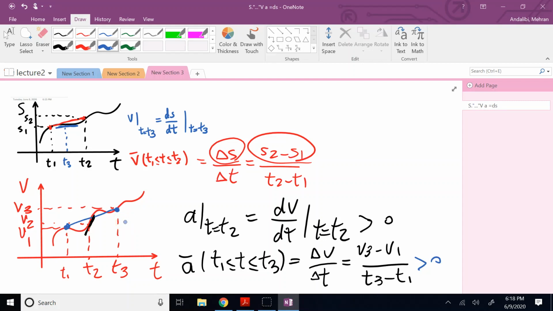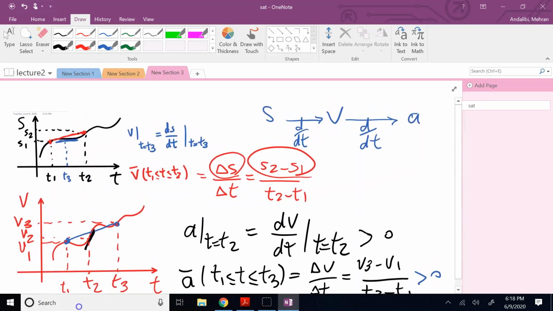So if you want to go from s to v, you look at the slope of the tangent. And if you want to go from v to a, again, you're going to look at what? The slope of the tangent, because you are taking one-time derivative. Now, can I directly go from s to a?